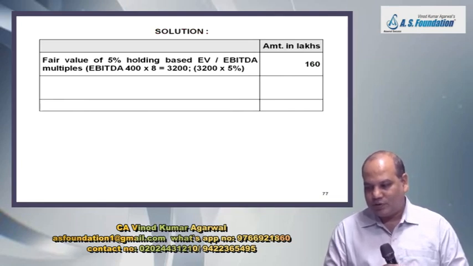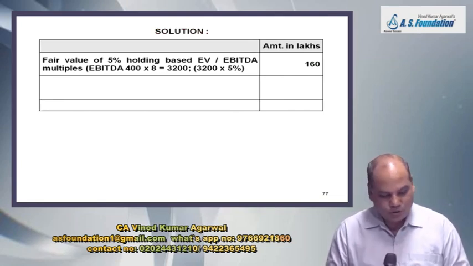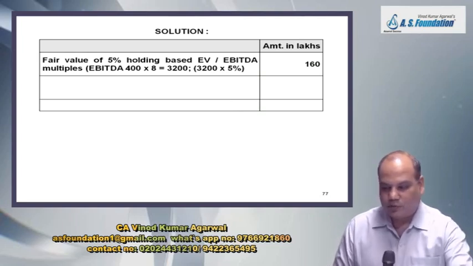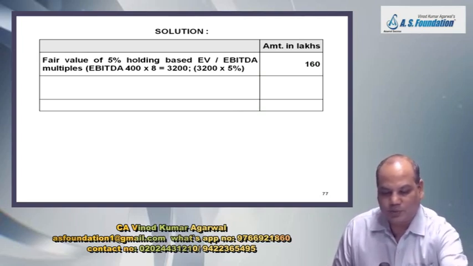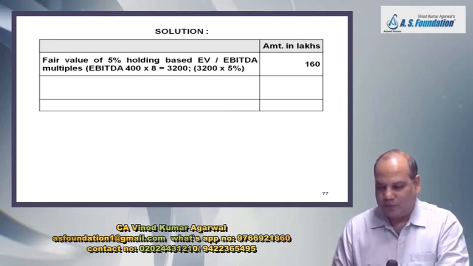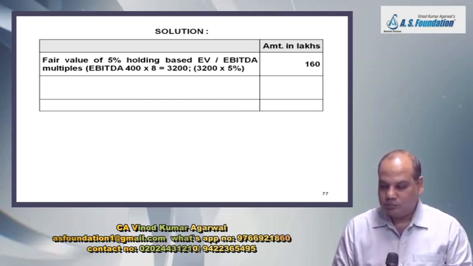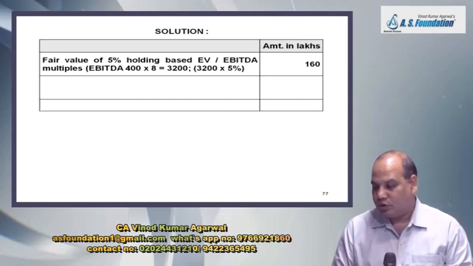So write down first heading, calculation of fair value. Calculation of fair value, right hand side, rupees in lakhs, point number A. Fair value of 5% holding based on EV.